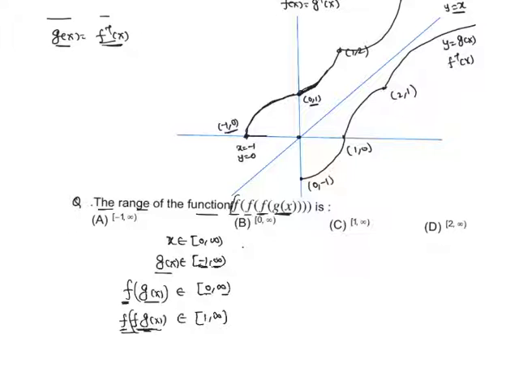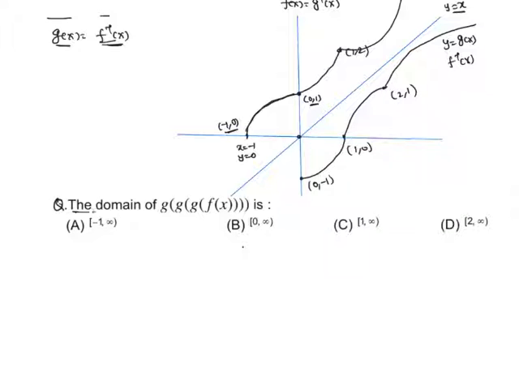Next, if I apply f again, the value is 1 to infinity. Now we see the graph of f from 1 to infinity, and the value of f will be 2 to infinity. So the range of this function should be 2 to infinity. So D is the correct option.